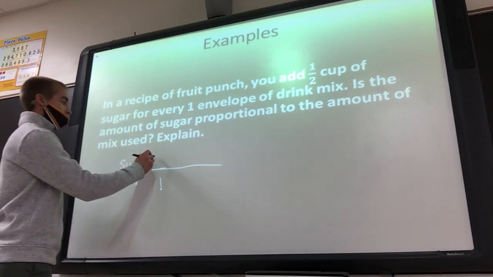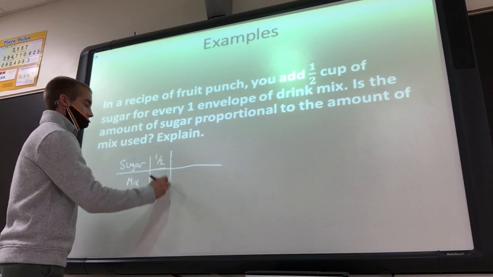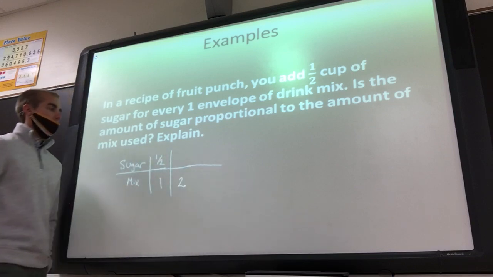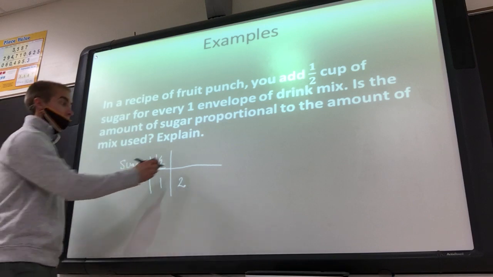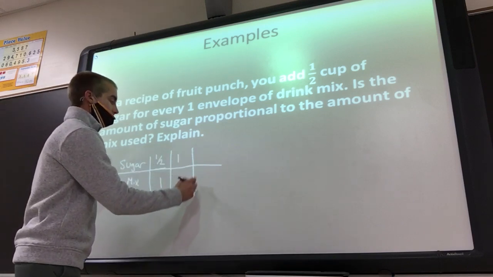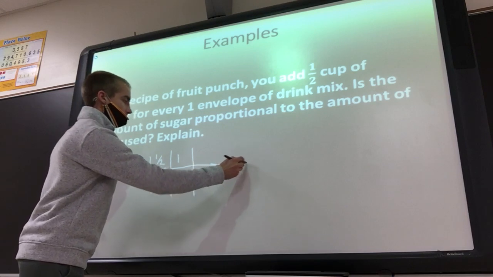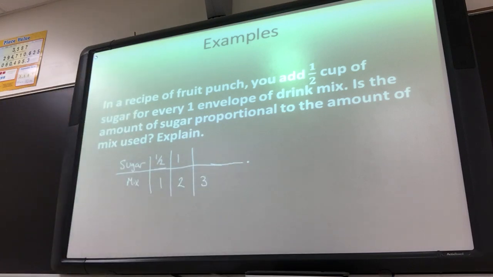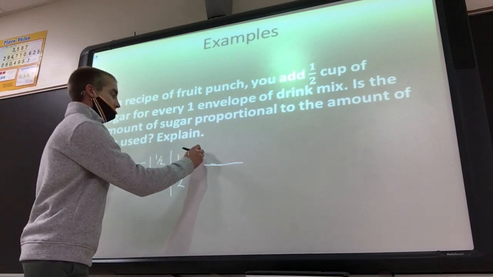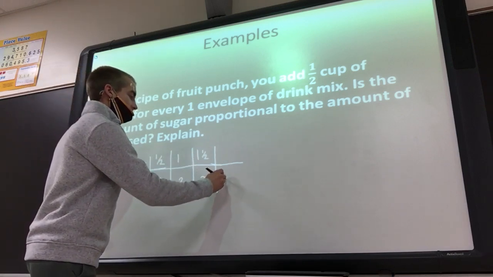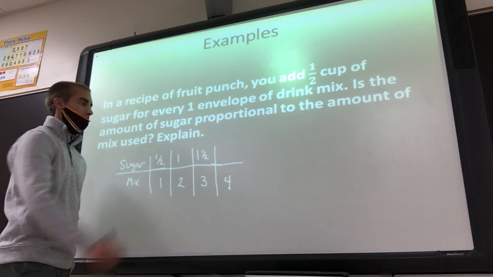Okay. Let's go up another one. 2 envelopes. What would that be for sugar? 1. Yep. What about for 3? 1.5. We're just adding a half every time. And then for 4, it'd be 2.